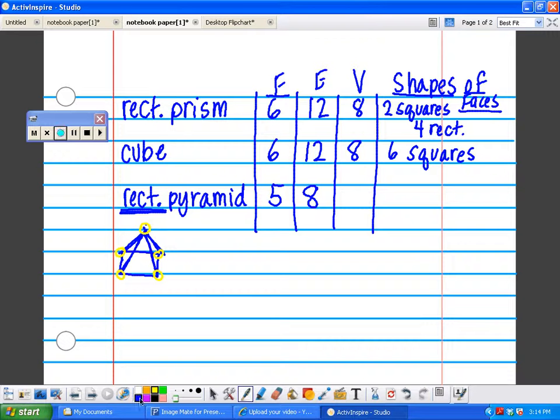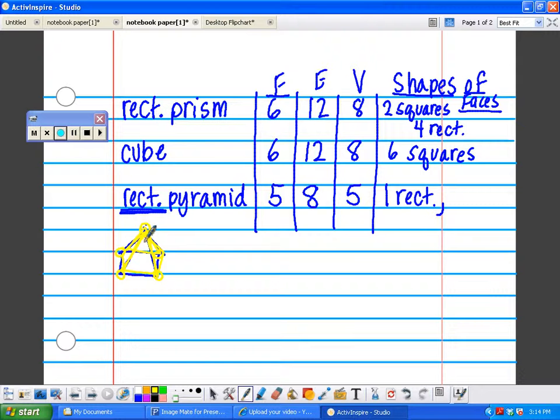Now, what are the shapes of these faces? Well, what's the base? That's my easy one. Rectangle. It's called a rectangular pyramid. So one rectangle. What about this? What's this shape right here? Triangle. What about this side? What's its shape going to be? Triangle, triangle, triangle. So how many triangles? 4 triangles.